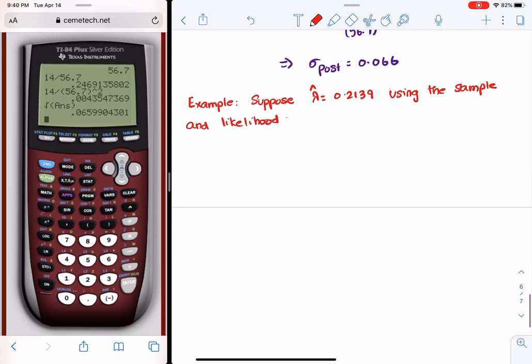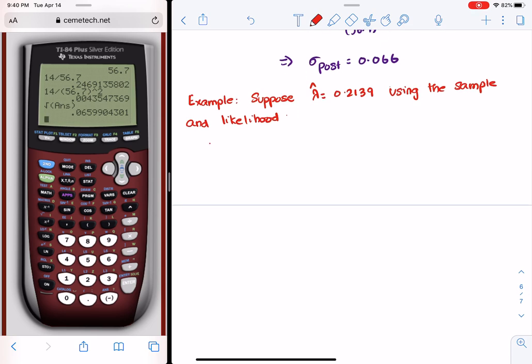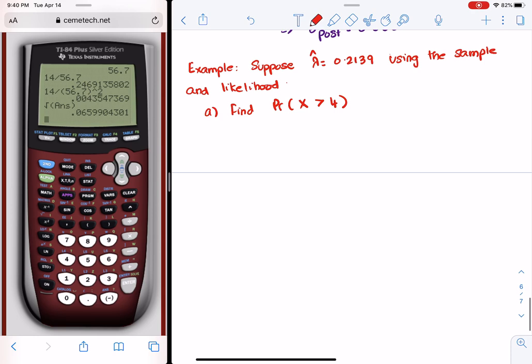So what we want to do is find the probability that the battery is going to last for more than 4 years using lambda hat equals 0.2139.